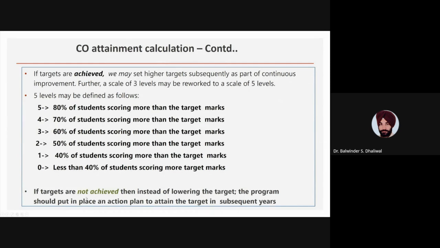If we find that targets are not achieved, then we should not lower the targets. We should put in place an action plan to attain the targets in the subsequent year. We should analyze why targets are not achieved, do brainstorming, and find a corrective action so that in subsequent years our targets are achieved.